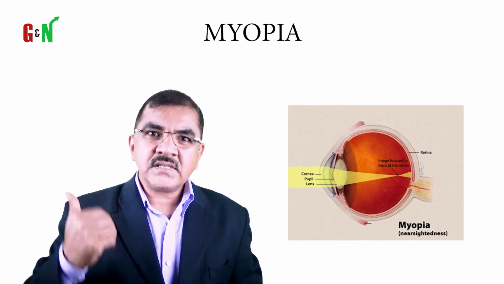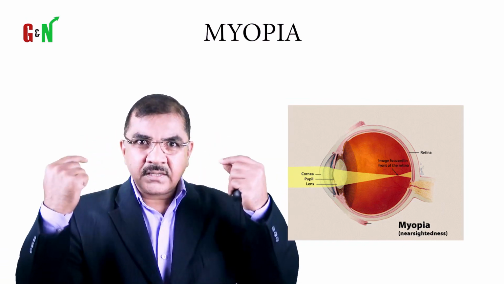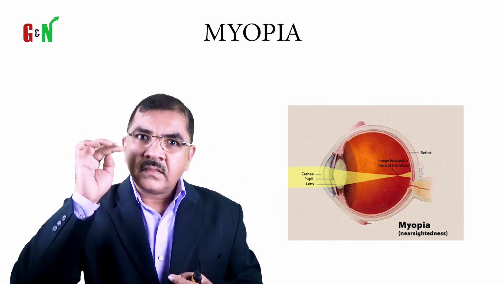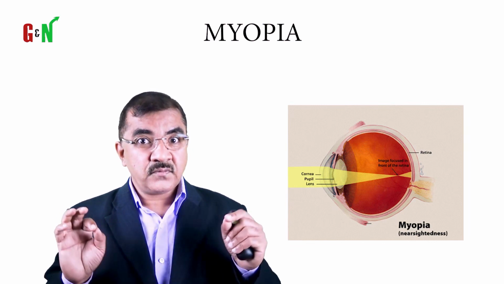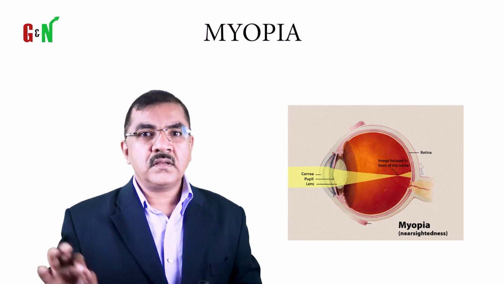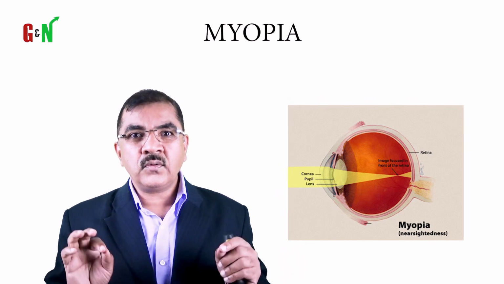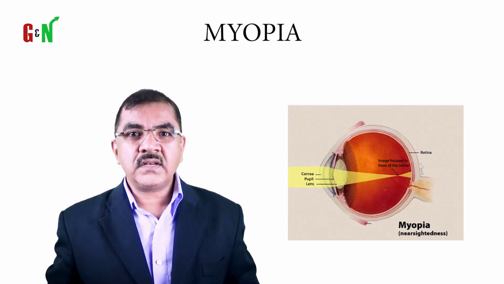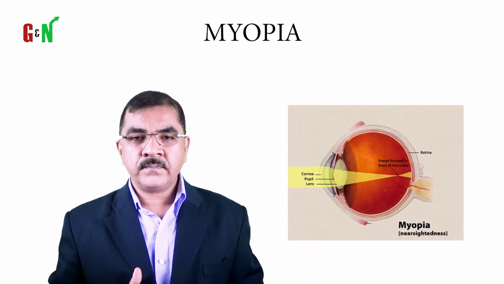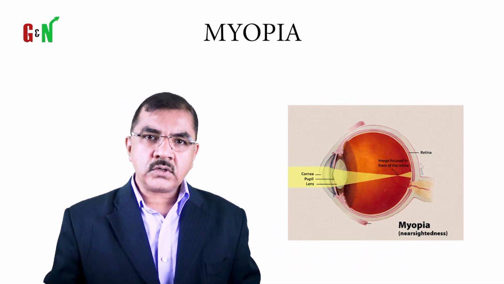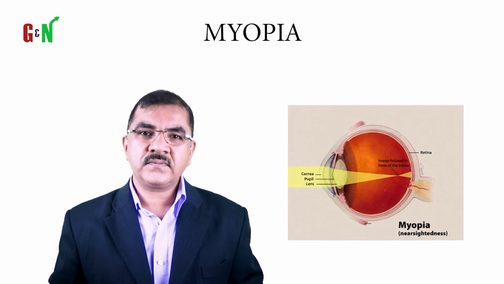When that lens is inserted through a spectacle, the patient has very good vision and no complaints at all, because everything is very clear, crystal clear. This is myopia. Myopia, short sight, distance correction.